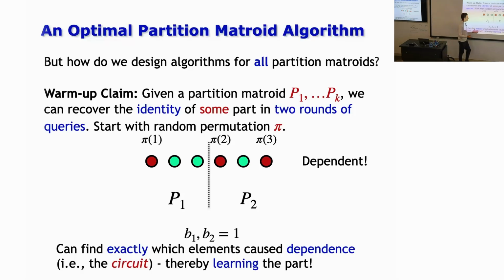Once you have this information, you can learn all the other elements as well. I'm not exactly going to prove to you that you can do this, but I hope you get the intuition that there is this simple procedure, and I'm claiming that every time you sample a random permutation, you can learn the identity of whichever part is causing the dependence that arises. Is that all right?